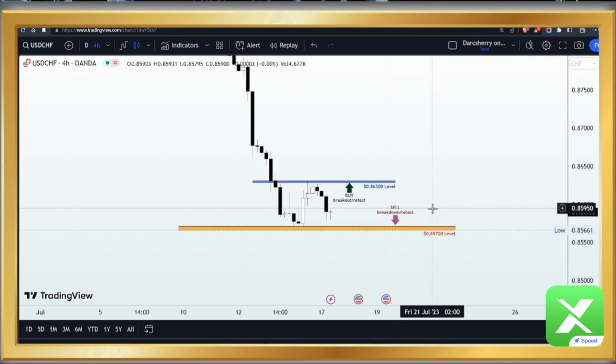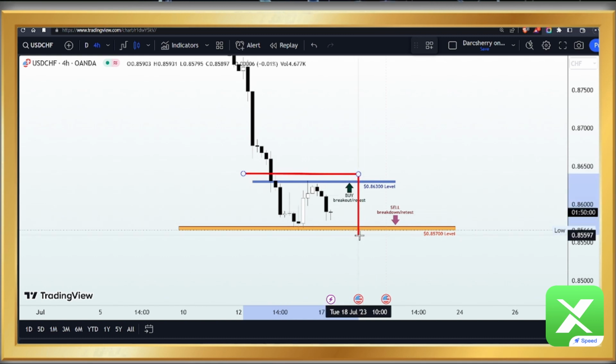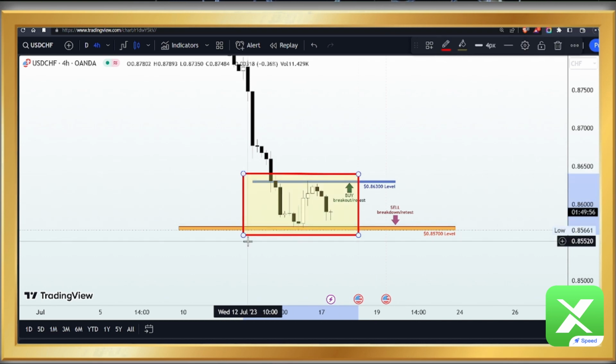So it's a very simple setup we have here on the USDCHF. Our center of focus for this week on the USDCHF is simply between the 0.86300 level and of course the 0.85700 area, where how price action reacts with the resistance and the support line of this range will determine what our next line of action will be.